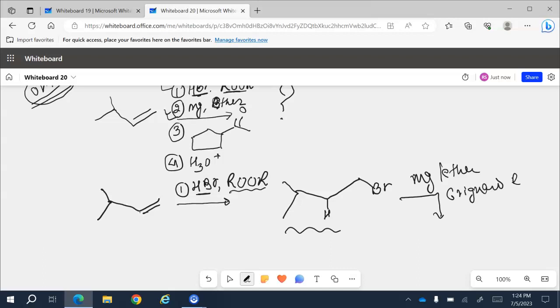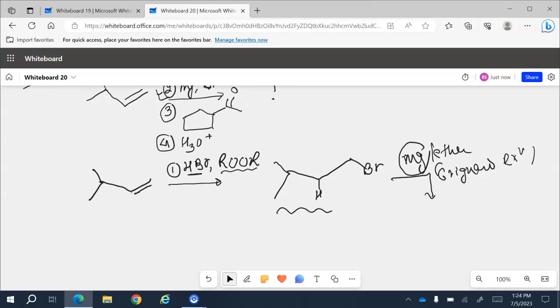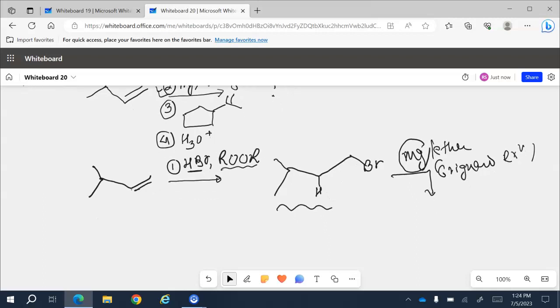So you can consider this reaction as the Grignard reaction. Whenever you see an alkyl halide and magnesium metal, you need to realize that this is the Grignard reaction.